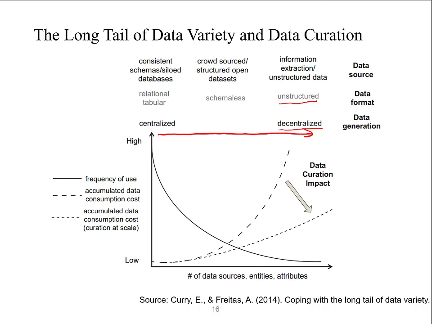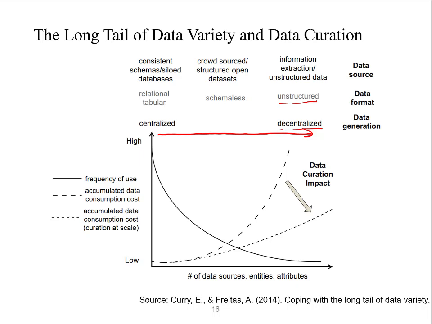While the frequently used data usually have consistent schemas, have centralized generation, and are usually relational tables in a database, this long tail of less frequently used data actually allows data consumers, which are those who use the data, to have a more comprehensive model of their domain that can be searched or queried and analyzed.